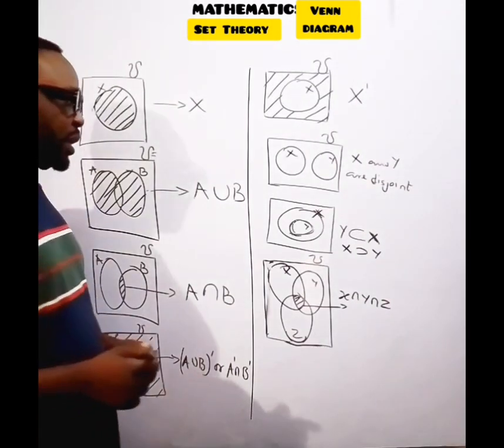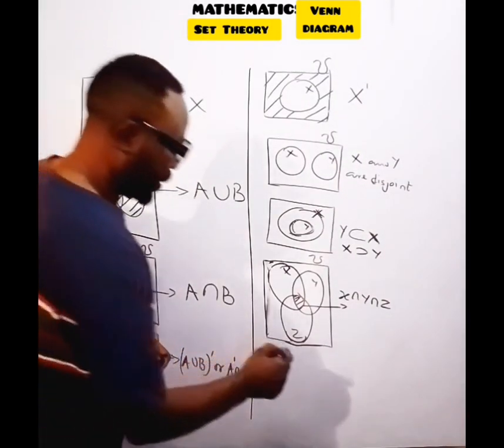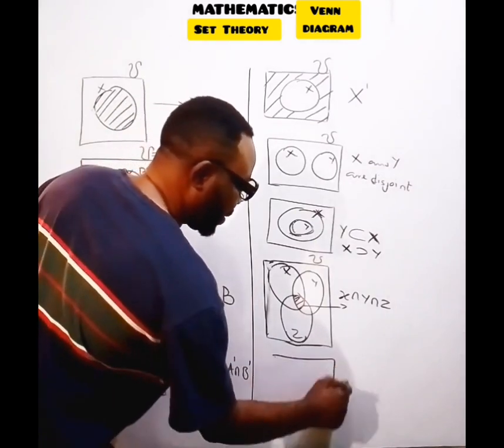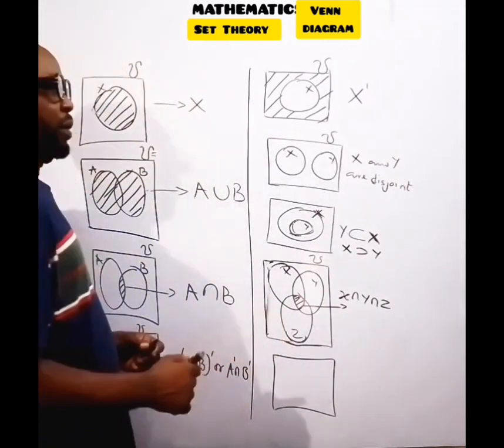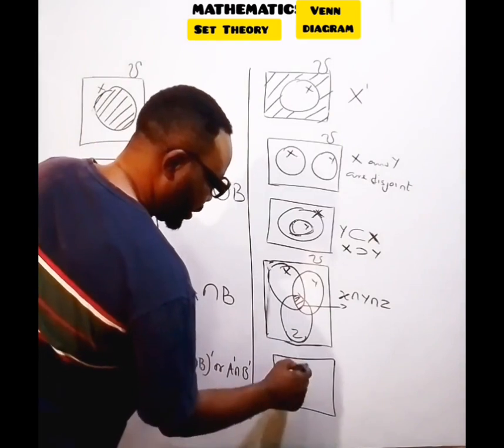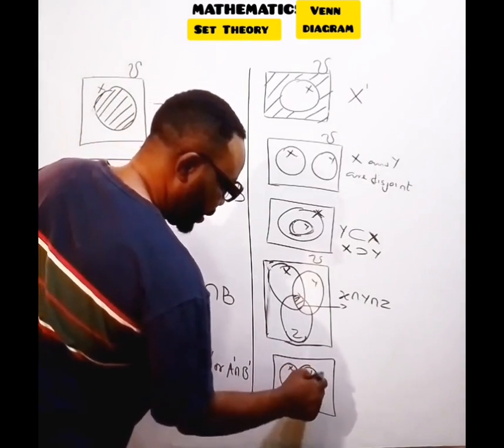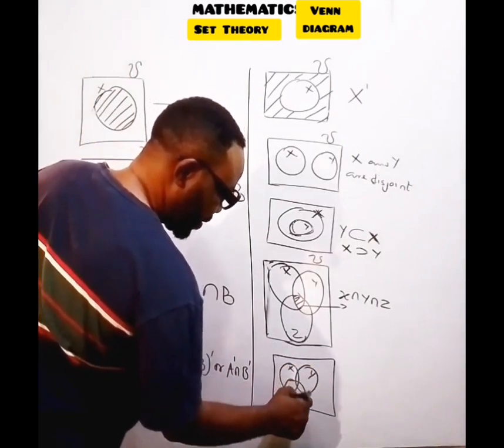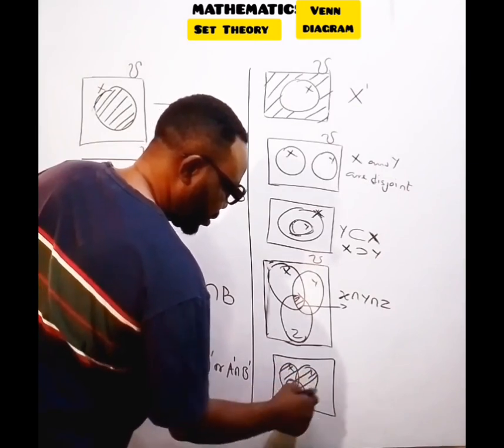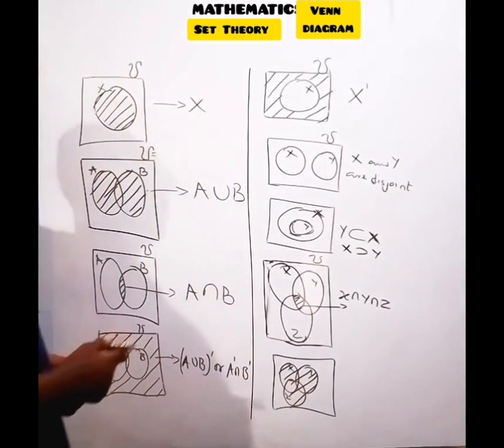Now, if you have this kind of arrangement, this is X, Y, and this is Z, and you have all these regions shaded.